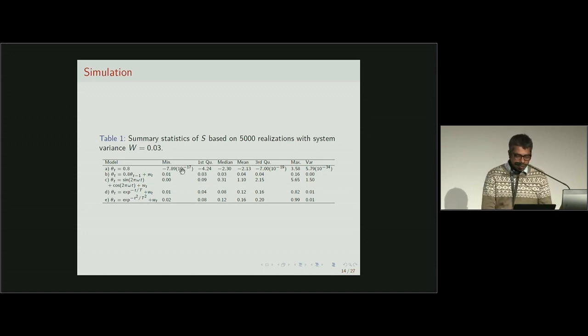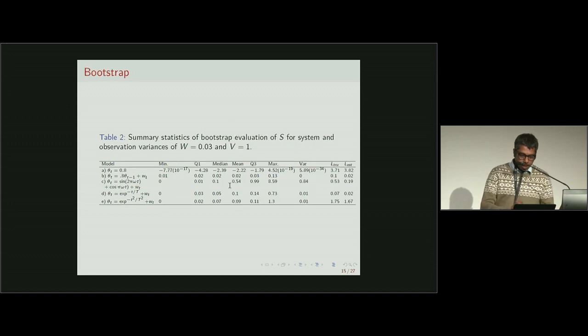And we can see that for the stationary model, it's very, very small, of the order of 10 to the power minus 17 or so. For the other models, it's clearly non-negative. And in this particular simulation, we see that the sinusoidal GT gives us the highest non-stationarity index.